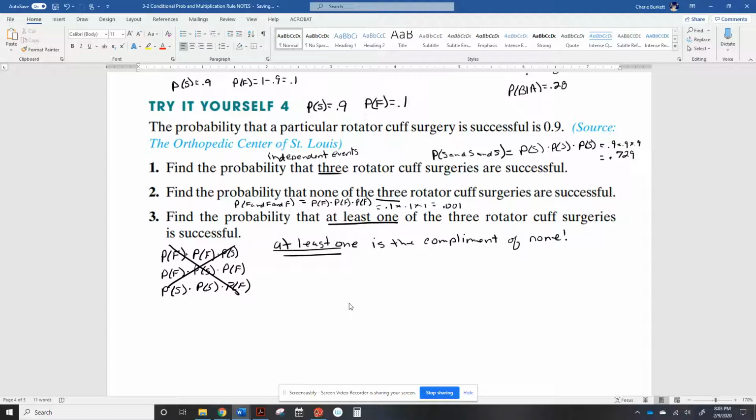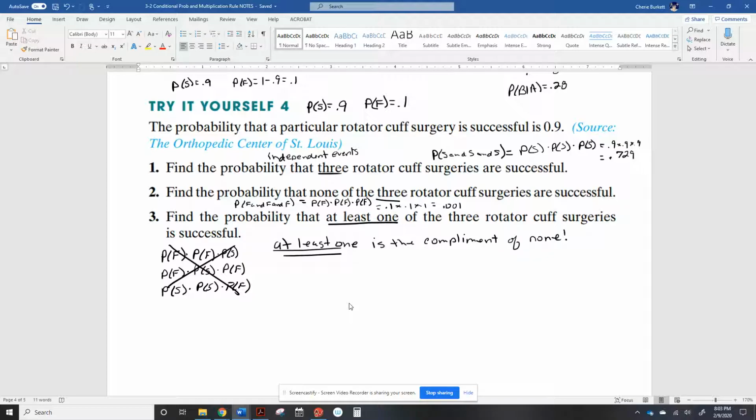So up here, we had success and failure. Those are complements of each other. So if we knew the probability of success, we were able to find the probability of failure by saying 1 minus. Okay, so this is the same thing. At least one is the complement of none. Well, that's what we did right here.